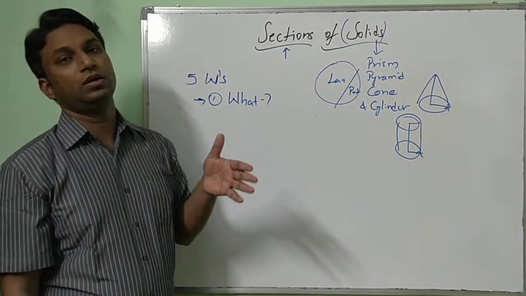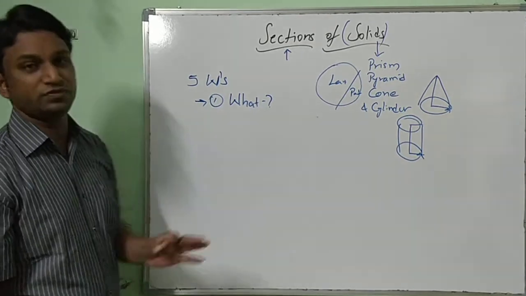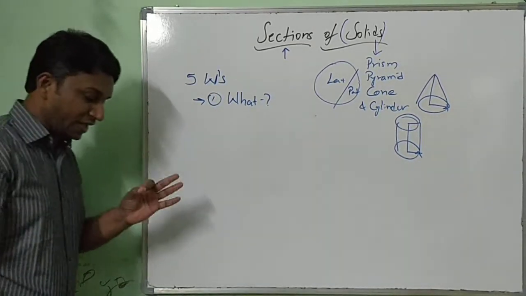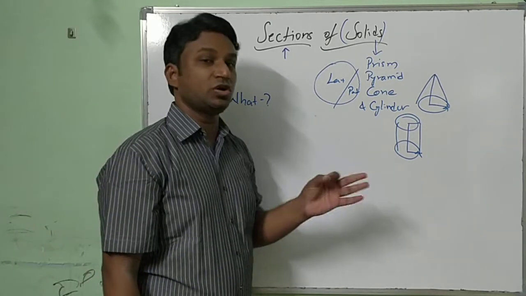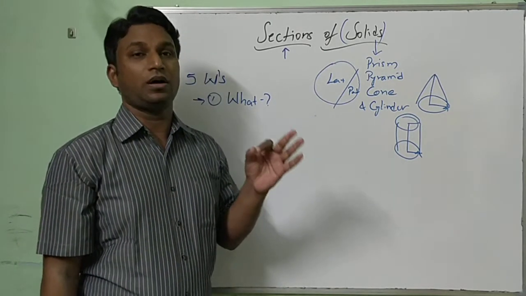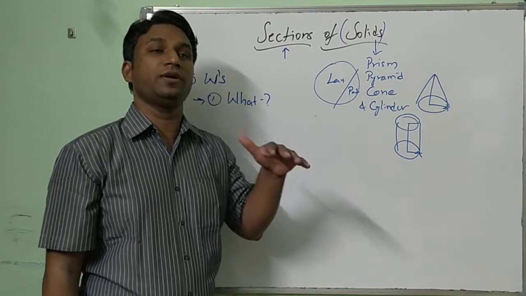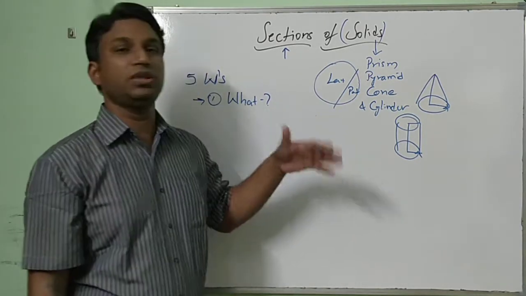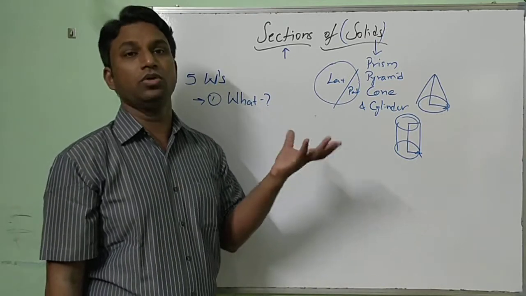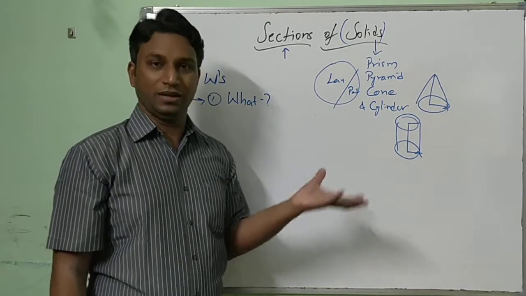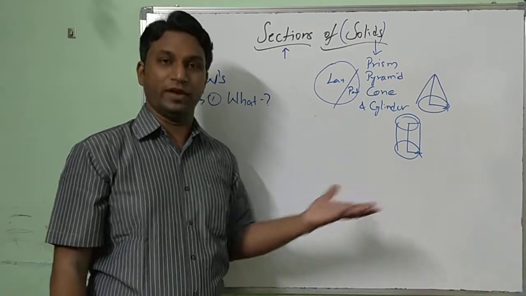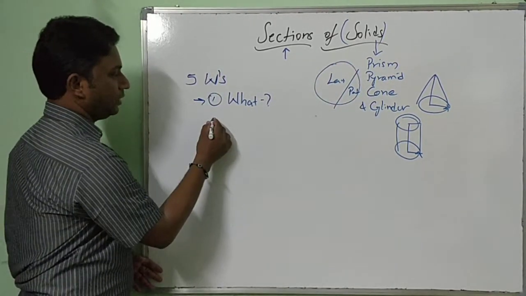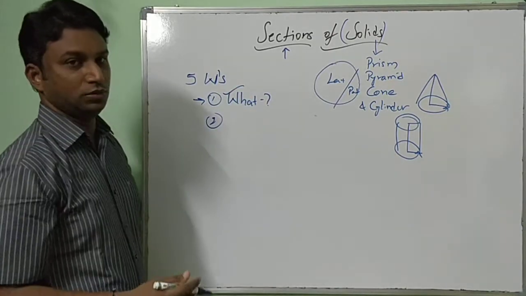That is our sections of solids. It is the place where solids are cut or made into different parts, and how they look after parting, after cutting, after dividing. That's what sections of solids means. I hope you all are clear with the what.